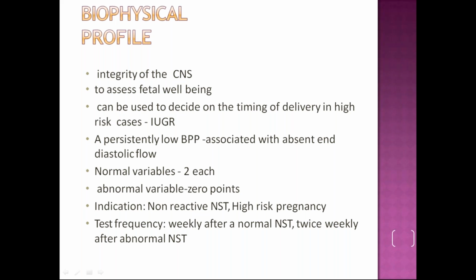Here we count five parameters: NST, fetal movement, amniotic fluid volume, fetal tone, and fetal breathing movement. Each component scores zero if absent, and 2 points if present. So with the 5 parameters, the total will be 10 points.